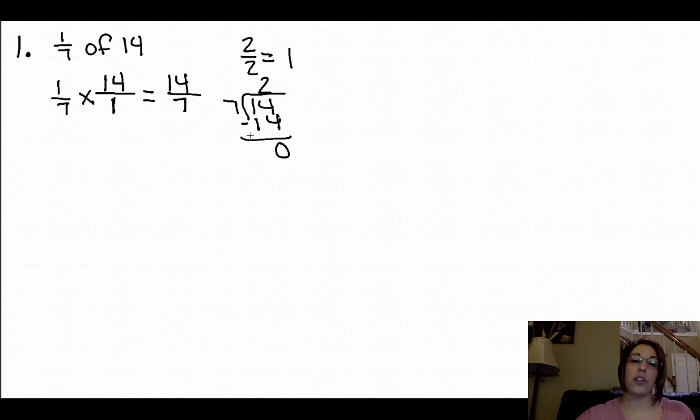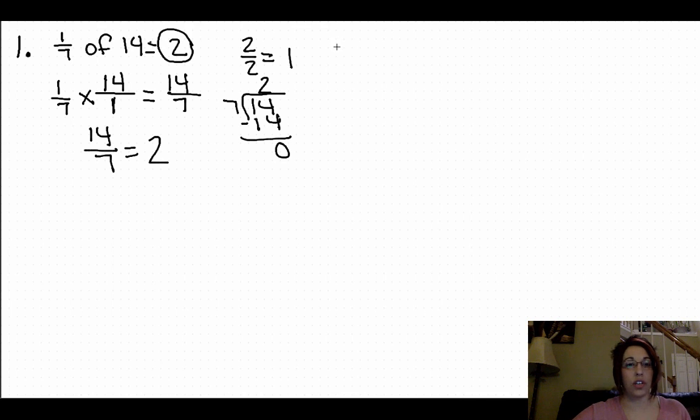So we could do our loop, but we would end up with 2 and 0/7. We don't need the 0/7. So 14/7 equals the whole number 2. So 1/7 of 14 equals 2, and circle 2 because that's the answer you're turning in to your teacher.